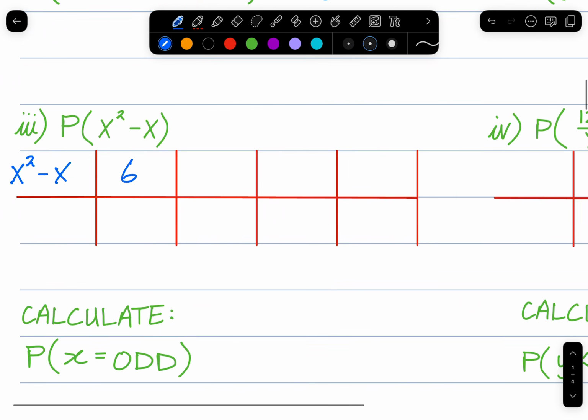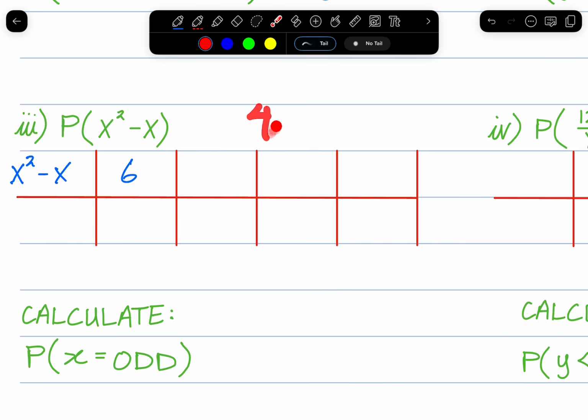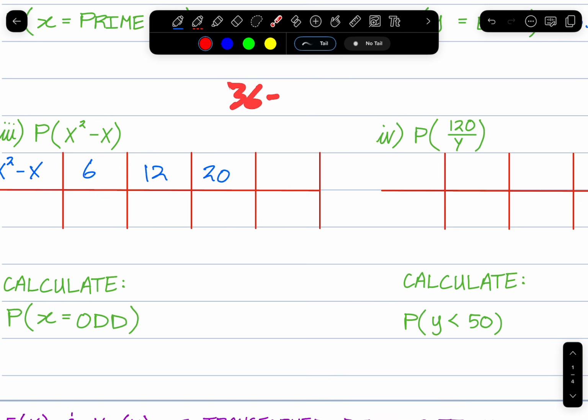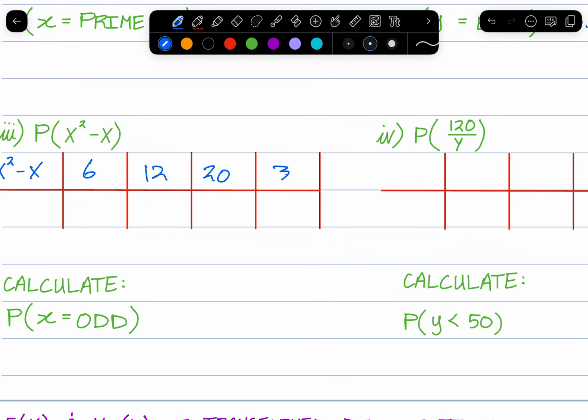The next one was 4, so 4 squared minus 4 is 16, take away 4 is 12. Next one, X squared is 5. 5 squared minus 5. 25 take away 5 is 20. The next one was 6. So 36 take away 6 is 30.